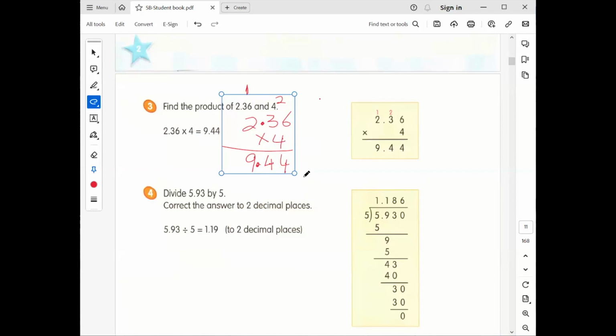Okay, let's do the division now. 5.93 divided by 5.